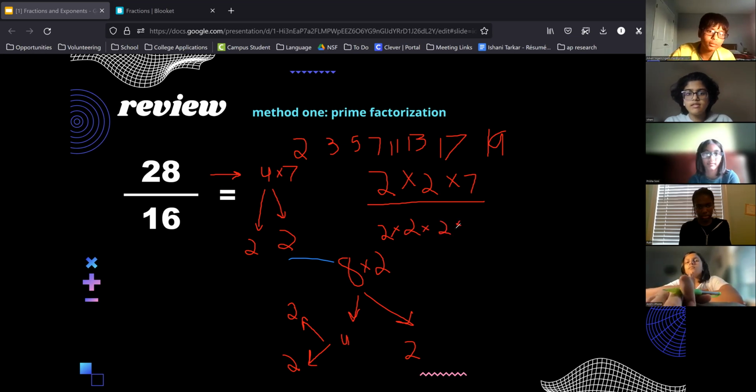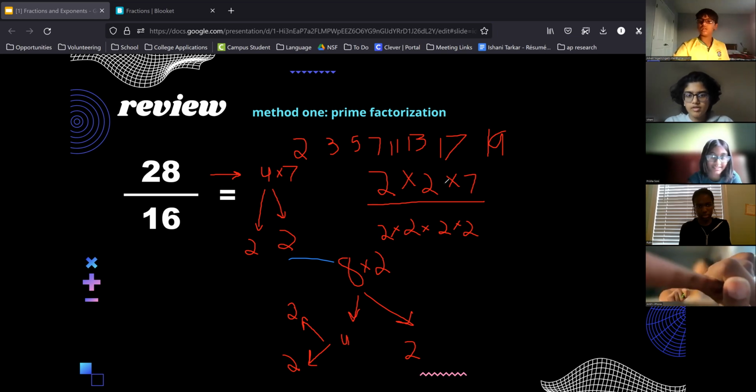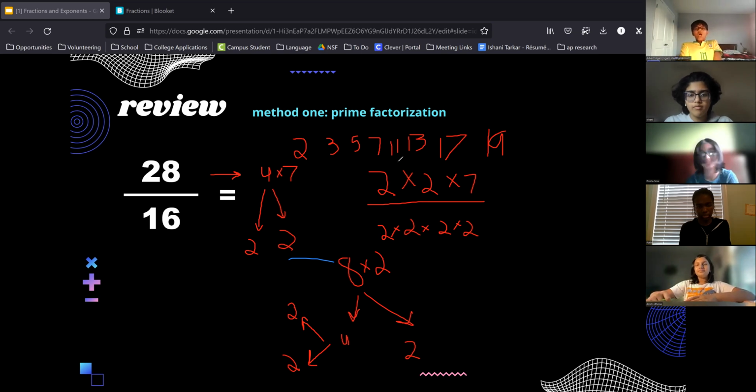So this is how we would express it: 2 times 2 times 2 times 2 for 16, and 2 times 2 times 7 for 28. What we want to do now is see which of the prime factors are similar and cross them out.